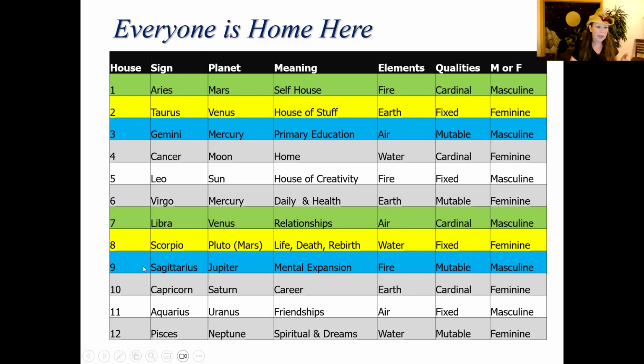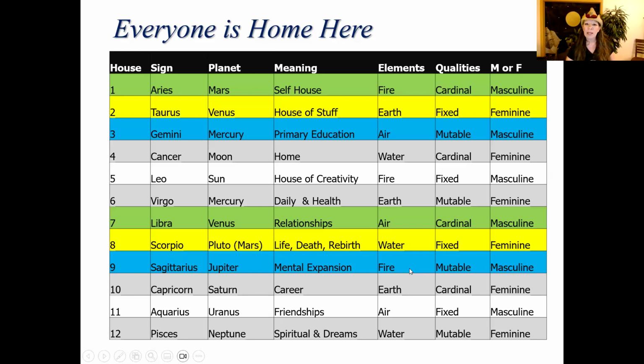It's 180 degrees away from Sagittarius, Jupiter, mental expansion. Oh, wait a second. Primary education versus mental expansion. Oh, here we go again: air and fire. That's just like up here, Aries and Libra, fire and air. Now you have air and fire.